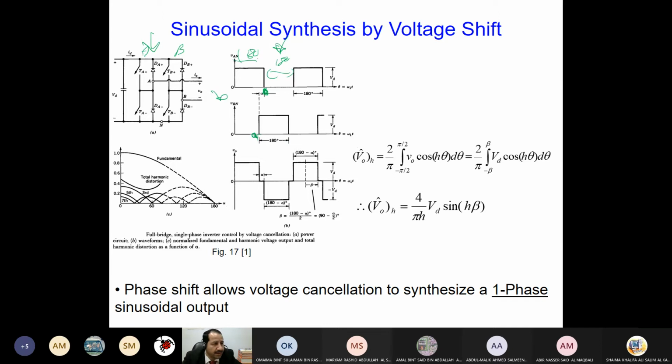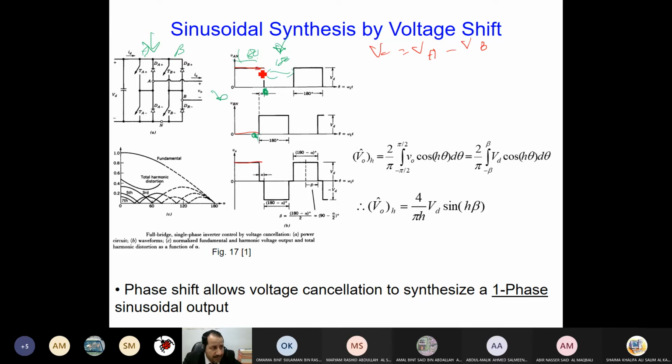What does this mean? When I come to sketch it, we say that V out equals VA minus VB. Let me take them one by one. From here to here, VA is VD and VB is 0, so VD minus 0 gives VD.